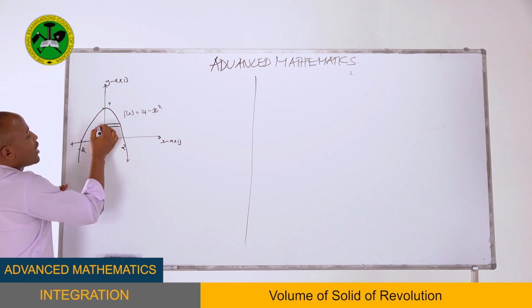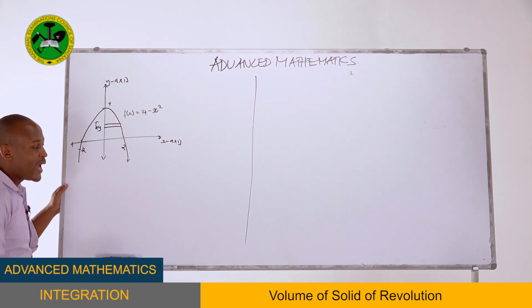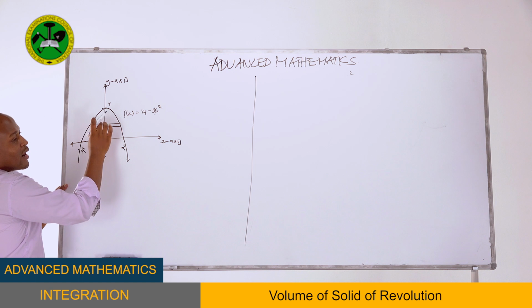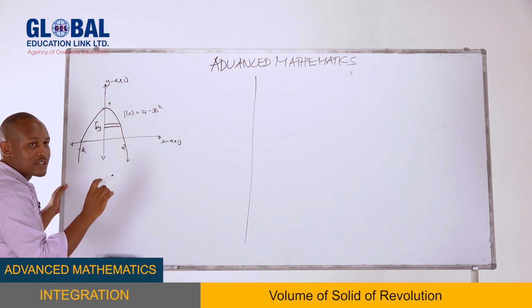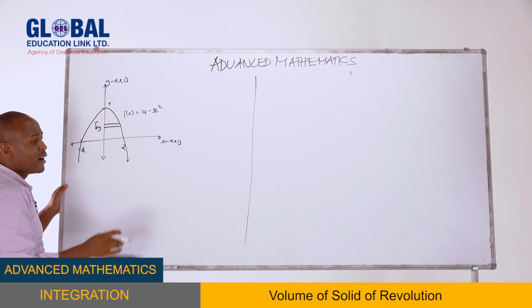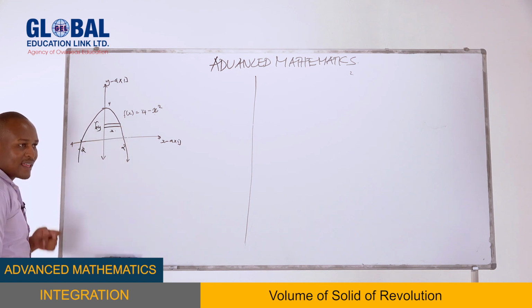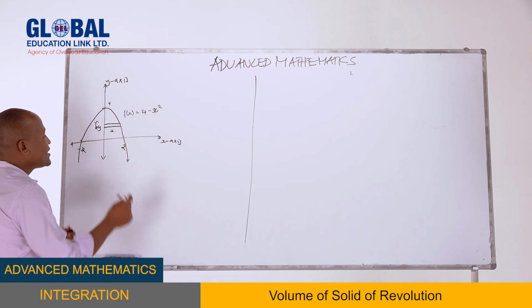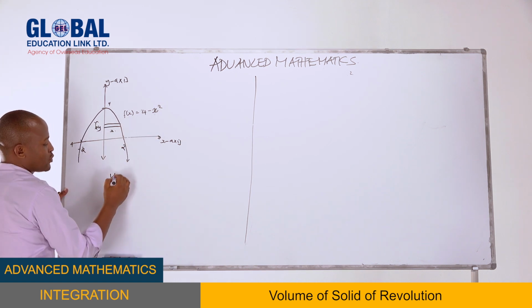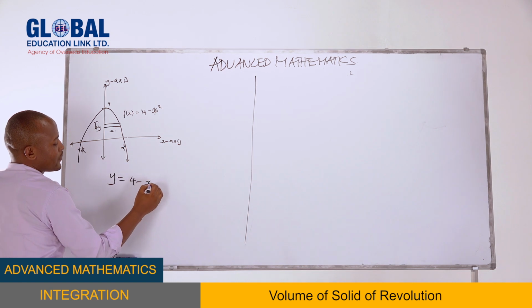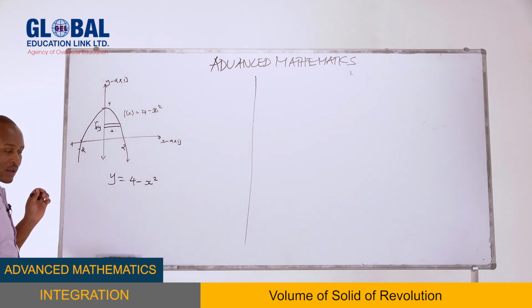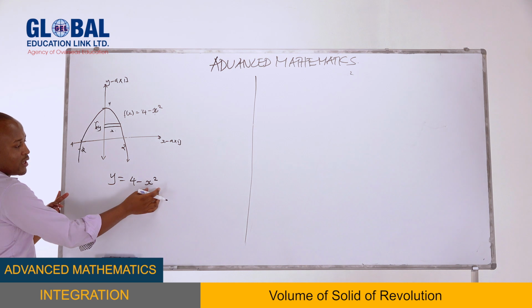That means we are going to have our small change, that is dy, and our height, that is to say our radius, will be x. That is the function evaluated in that form. That is to say, let's have y equals 4 minus x squared; we want to have the function in that form.